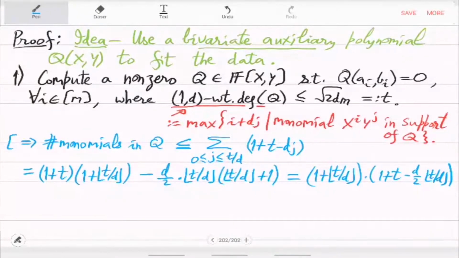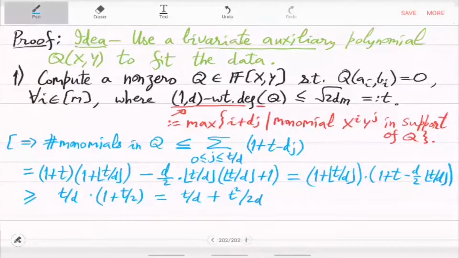Yeah, now you can approximate this. So this is at least t by d times 1 plus t by 2. So that's t by d plus t squared by 2d, and you can see that t squared by 2d is m, right, from here.